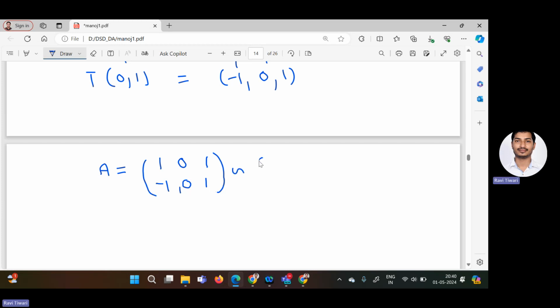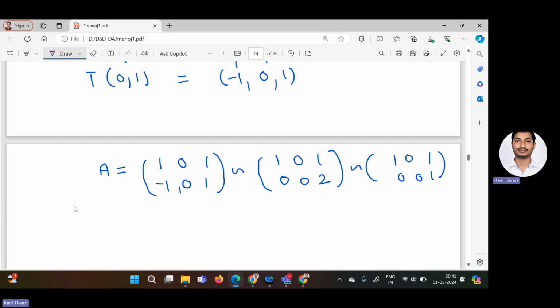So you can convert this into row echelon form. The first row we do not need to touch: 1, 0, 1. For the second, you can add R1 plus R2: 0 plus 0 is 0, 0 plus 0 is 0, and 1 plus 1 is 2. This we can divide again by 2. So finally we get 1, 0, 1 and 0, 0, 1.